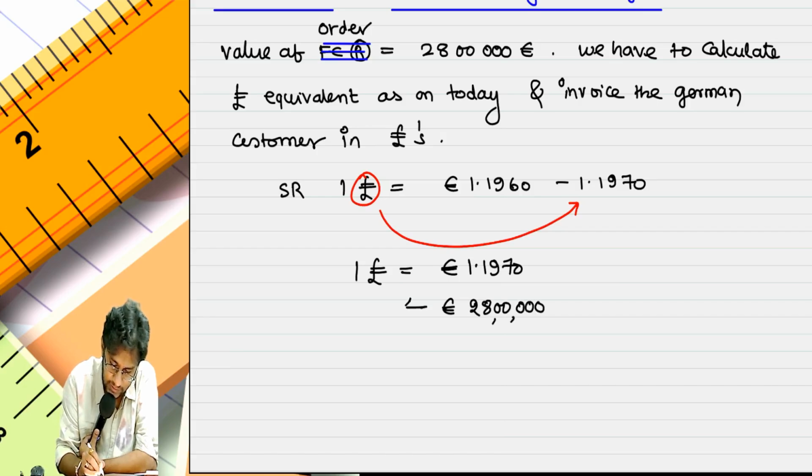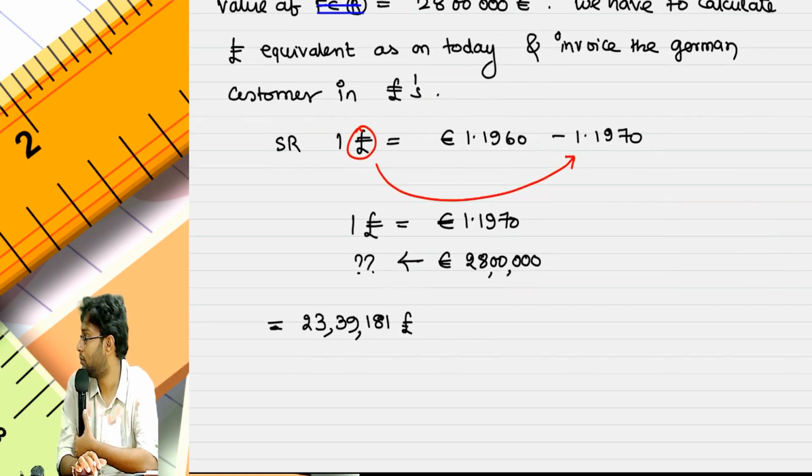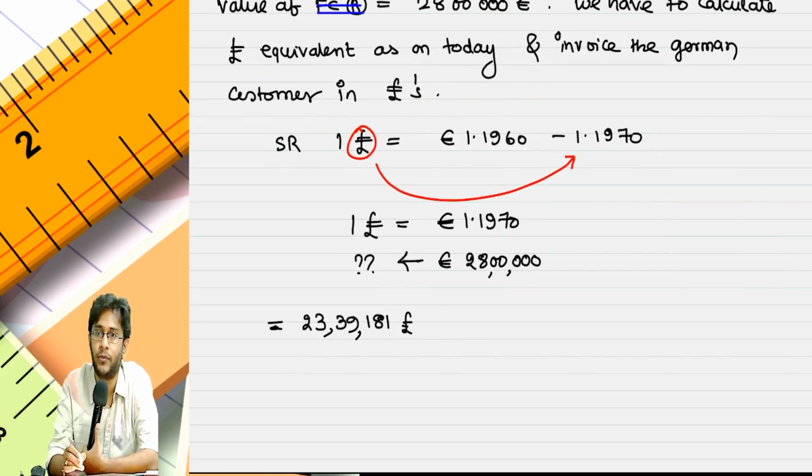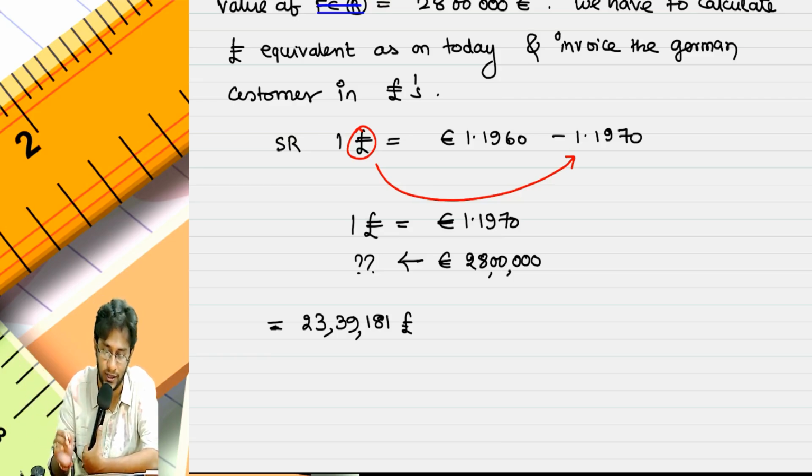So 28 lakhs corresponding value: 23 lakhs 181, no? Okay. Now you see, it looks as if I received 28 lakhs today only and I am converting at the spot rate. Not like that. Get the equivalent calculation.